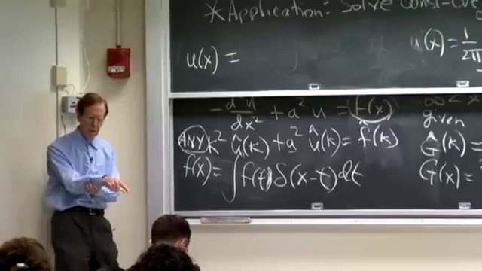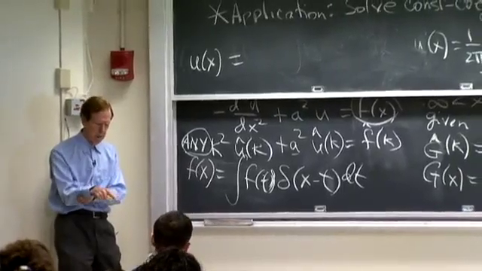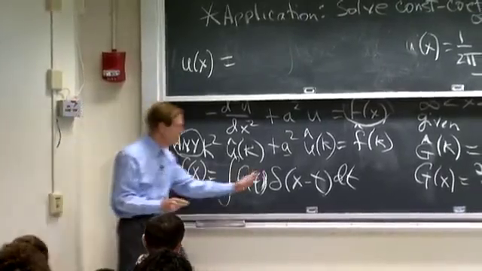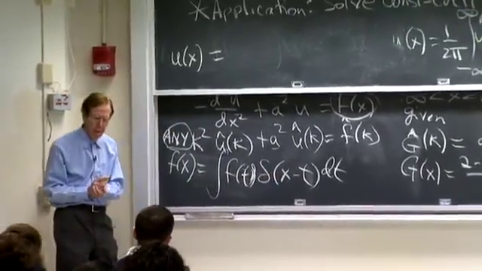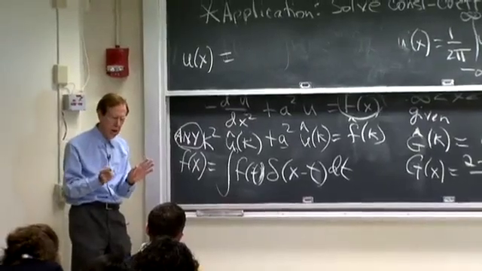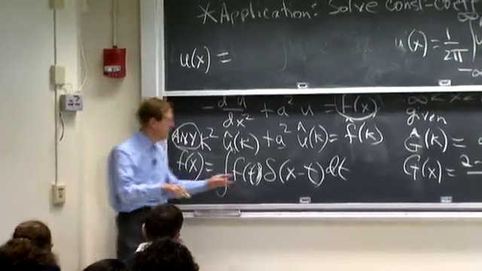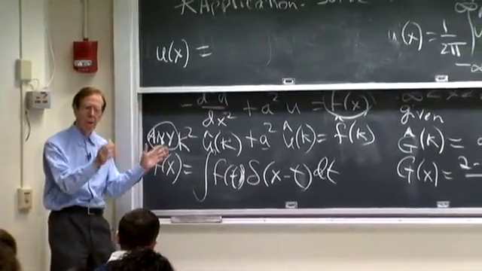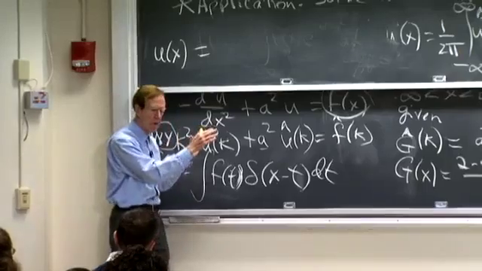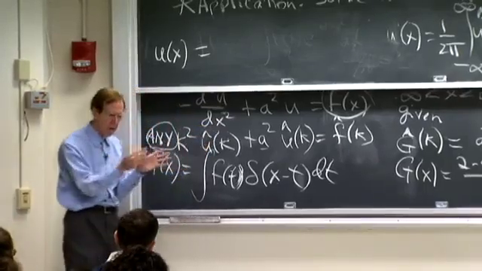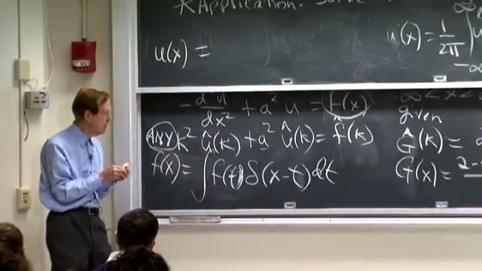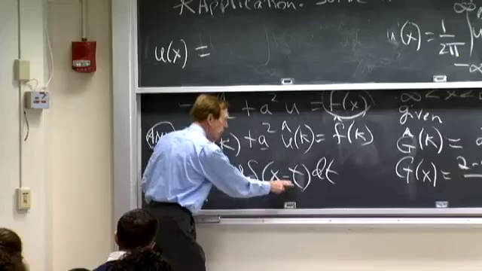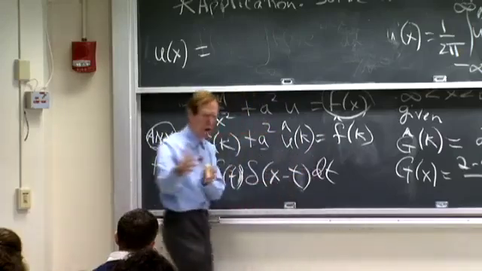I know the answer for delta. It's g. What's the answer when the delta is shifted along? What's the Green's function when the spike is moved along to a point t? Just because this constant coefficient LTI problem is shift invariant, the answer when the spike is moved along is just the answer g moved along.